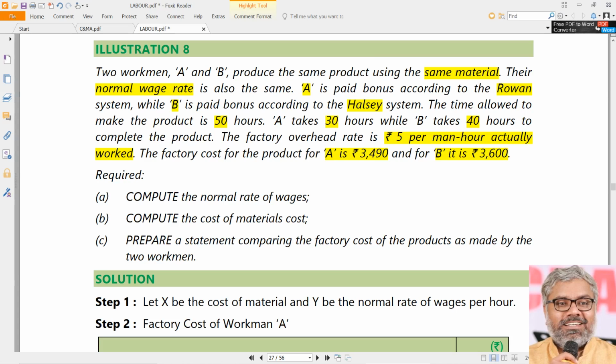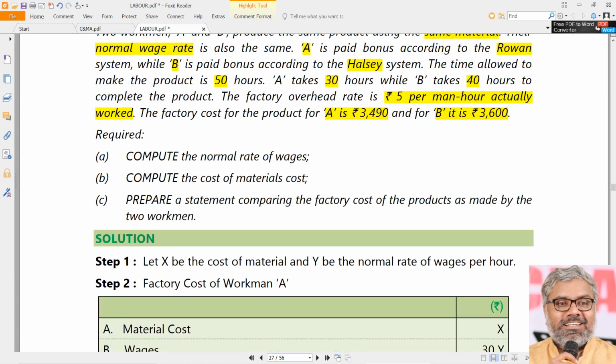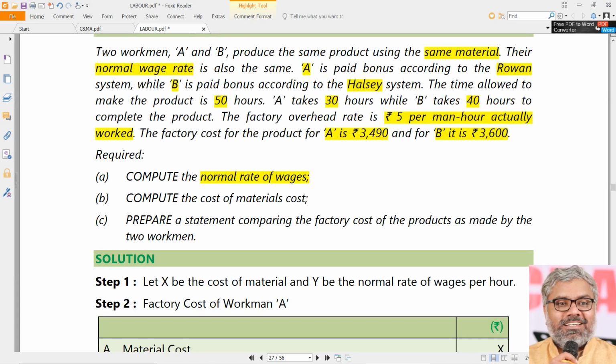But the problem here is we know factory cost, but we don't know how much is wages, and we don't know also how much is material cost. So we need to do reverse calculation so that we can find out how much is the material cost and how much is the wages cost. For knowing wages cost, we need to know what is the rate of wages. That is why, first thing first, we need to calculate the normal rate of wages.